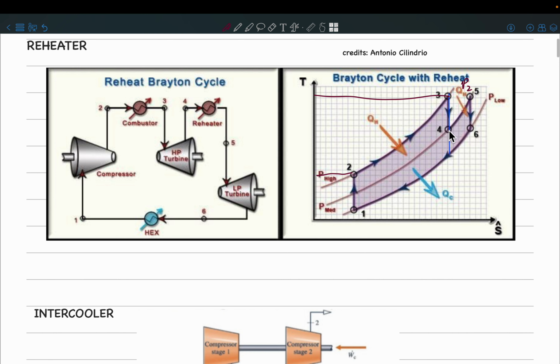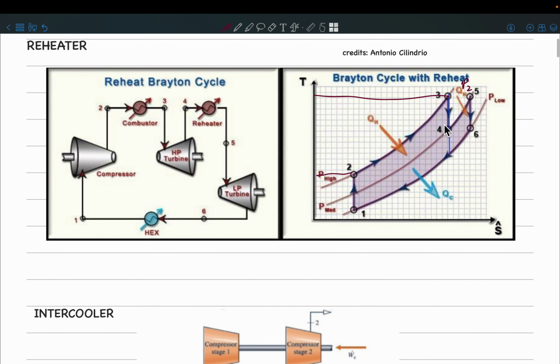And then after the expansion, you have decreased the pressure, and now you need to raise the temperature again. Here you are raising the temperature starting from T4, whereas in the combustion chamber you were starting at T2. So you need to see the initial condition. In the combustion chamber, you are starting at slightly higher pressures but at much lower temperatures, and in the reheater you are starting at slightly lower pressures but at very high temperatures.